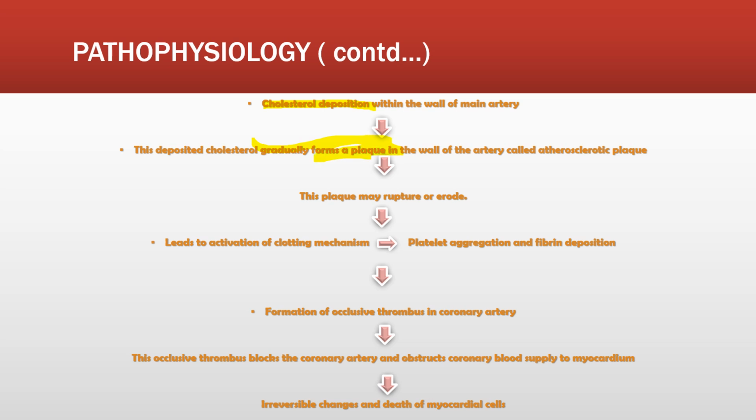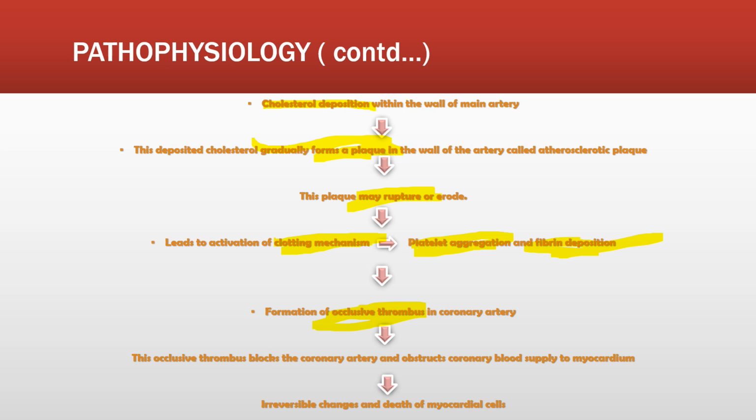This plaque, what happens is they may rupture, and this leads to activation of clotting mechanisms. That is leading to platelet aggregation and fibrin deposition. This leads to the thrombus formation. They form the occlusive thrombus in the coronary artery, in any one of them, like your left main coronary artery or your RCA or your LAD or your circumflex, anyone.